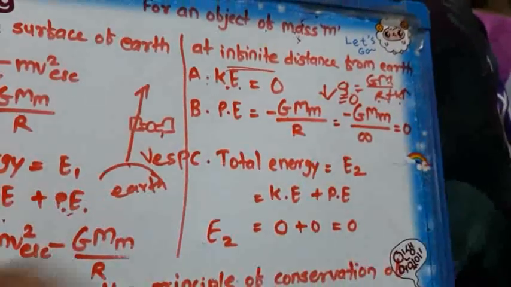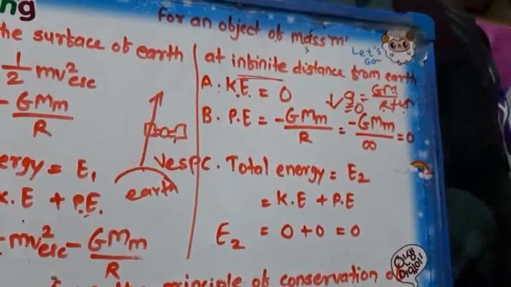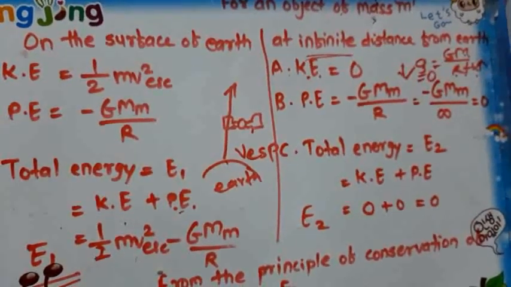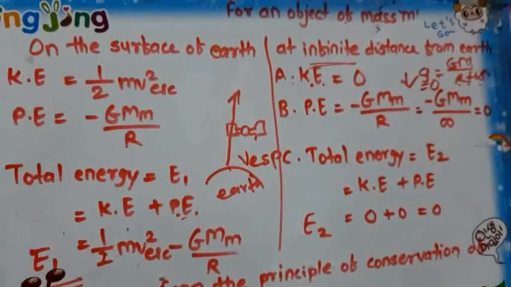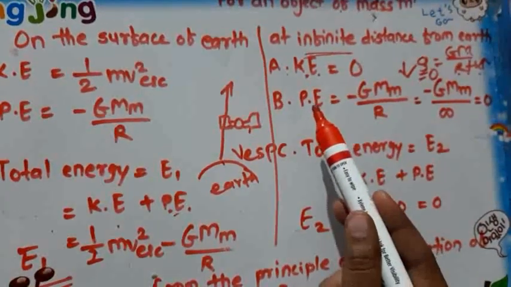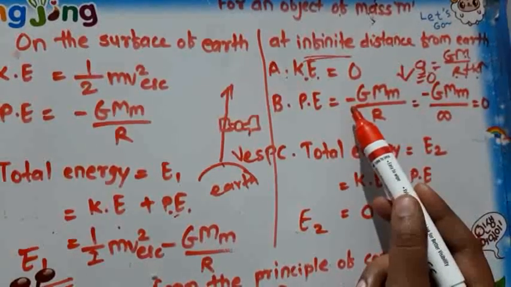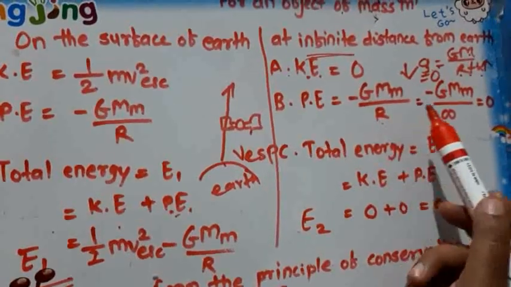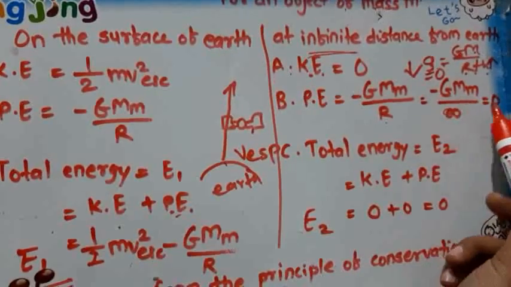And as no gravity is acting on the satellite, it will be in rest position and it will not move. That's why its kinetic energy will be 0. Now potential energy of the object at infinite distance is given by formula minus G M m divided by r. Now here as distance becomes infinity, 1 upon infinity will be 0.